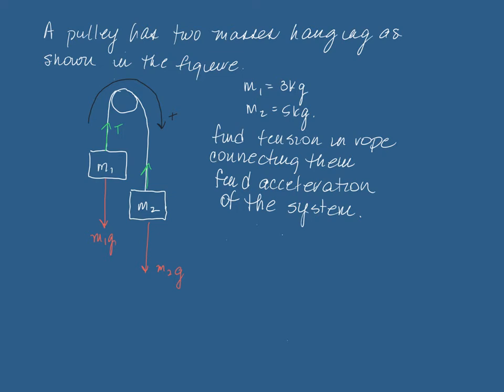So for M1, this is positive. So I get T minus M1G is equal to M1A. And for the other one, I get M2G minus T equals M2A.